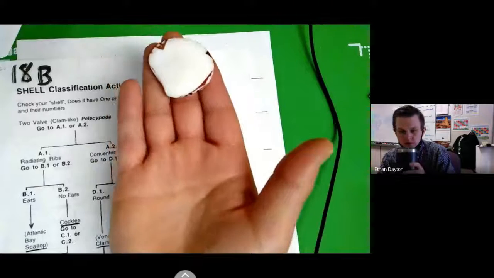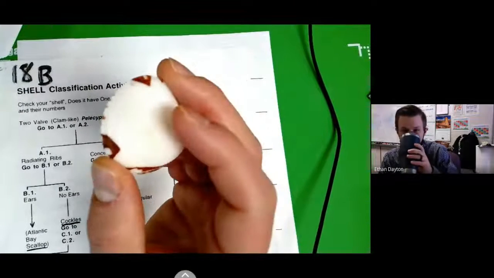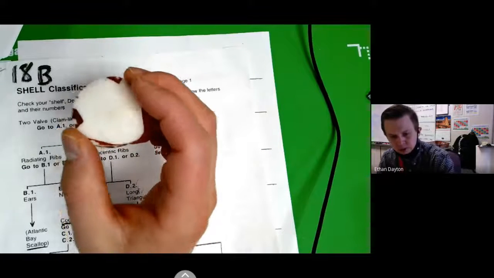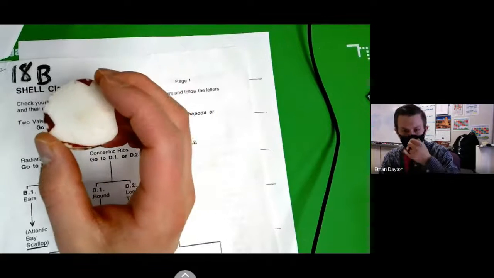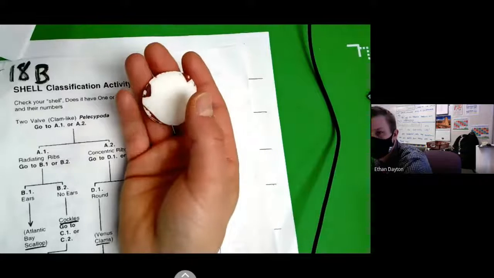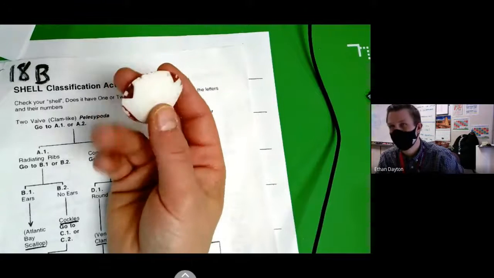All right, Emily, clamshell, snail shell, you tell me. Clam. I could not hear you. I don't know if I'm muted. Still can't hear you. Go ahead. Clam. Yeah, this is a bivalve, right?